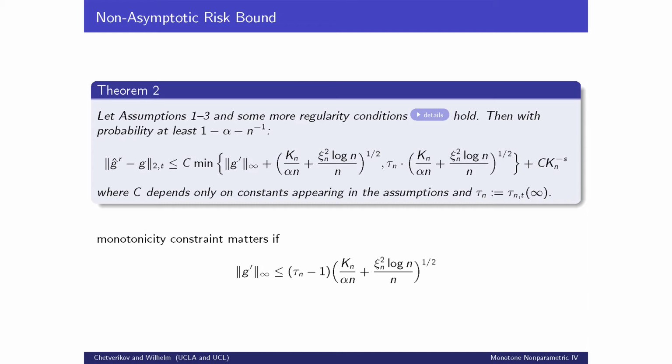If the first piece is smaller than the second, then the bound is in the first regime. This is the case whenever the derivative is not too large. So this g prime has to be small enough so that the first piece is smaller than the second. That is the case when this condition is holding: the maximum value of the derivative of the function is smaller than this tau object times something that depends on the sample size.